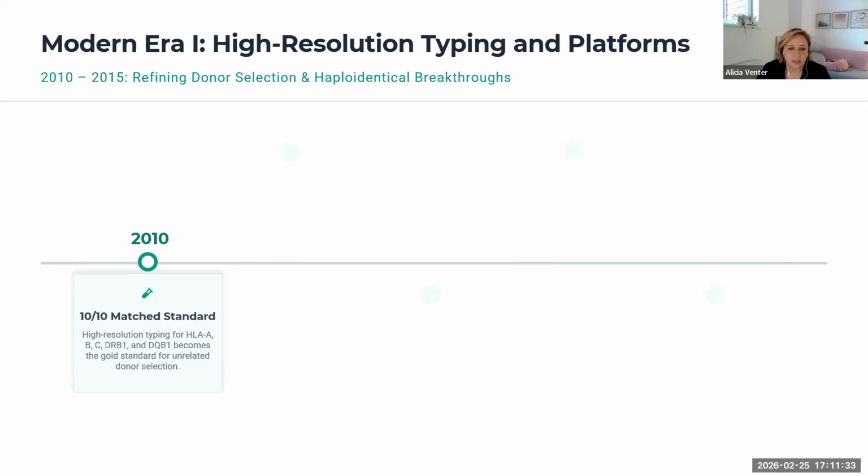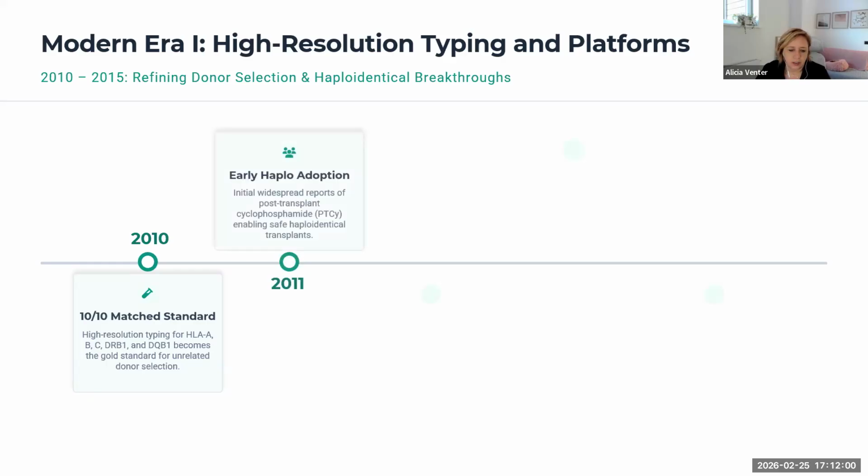We then move into the 2010s, a slightly different era, again shown with even more advances, specifically in 10 out of 10 matching. Around this time, 10 out of 10 matching was really popularized, and it proved even better outcomes for patients, especially if you're matching for A, B, C, DRB1, and DQ.